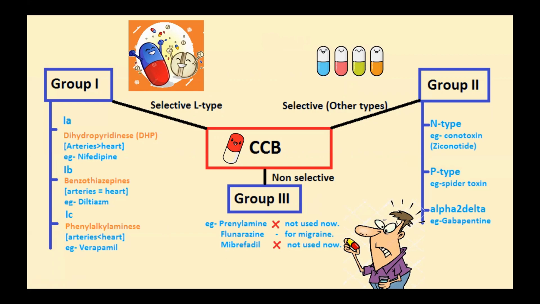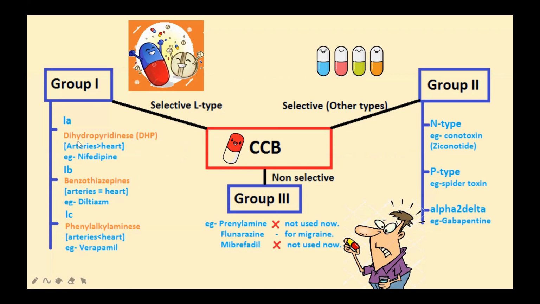Some literature classify these calcium channel blockers just as dihydropyridines and non-dihydropyridines. So other than dihydropyridines, all the others in Group 1, Group 2 and Group 3 are non-dihydropyridines. But this is how I learned, and this is easy to remember, so I think it's best.